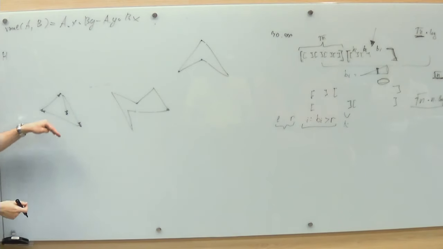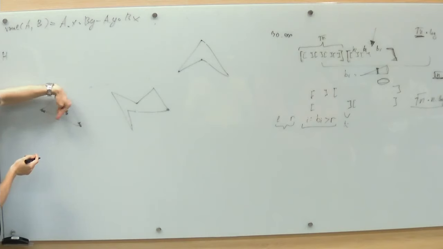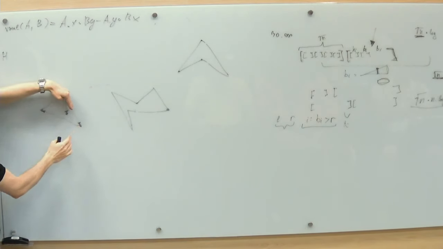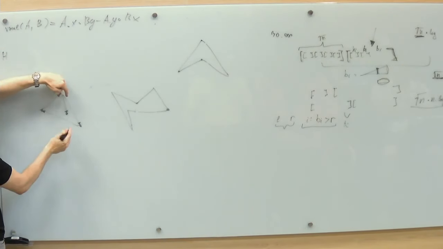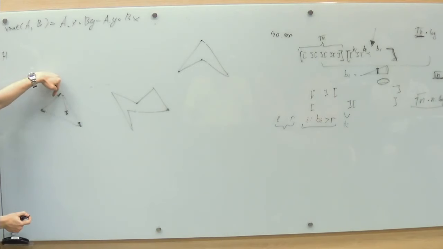So when we're going to check whether the point is on the right or on the left of this vector, we're going to use this formula for this vector and this one, and after that we're going to check the sign.